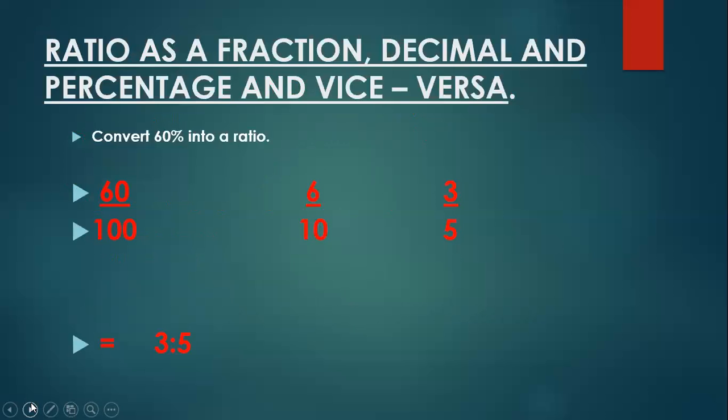So a ratio can also be converted to become a fraction, a decimal, and a percentage, and also vice versa. Our first example was to convert 60% into a ratio. Remember, 60% is 60 over 100 as a fraction, but needs simplification. Anything with a percent is over 100. If you simplify 60 over 100 by 10, then 6 over 10 by 2, you get 3 over 5 as a simplified fraction.